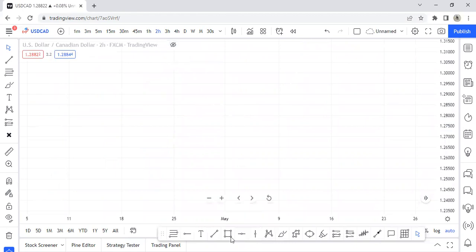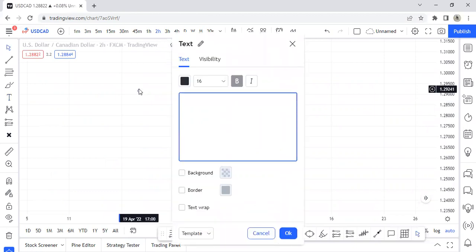When you're defining an order block, I'll give you the simplest definition. Let's type it out so you can have a definition of it. An order block is price delivery from one bias to another.